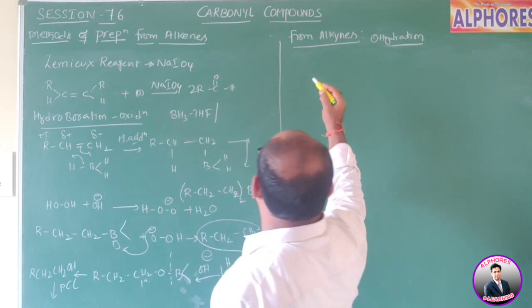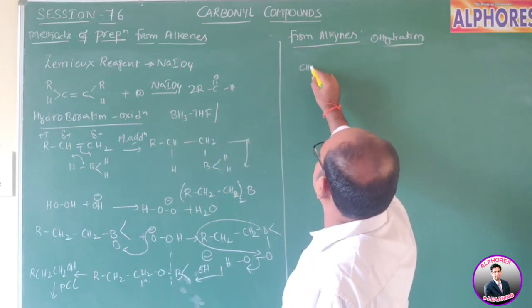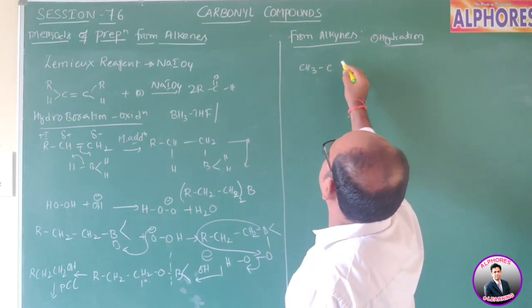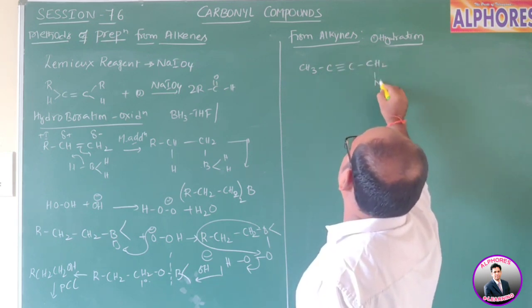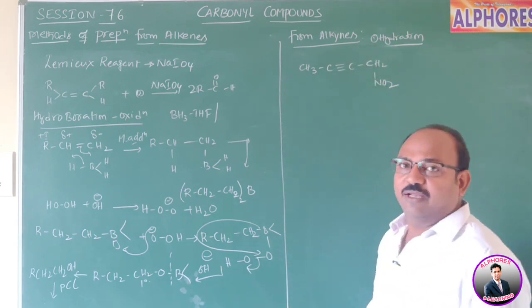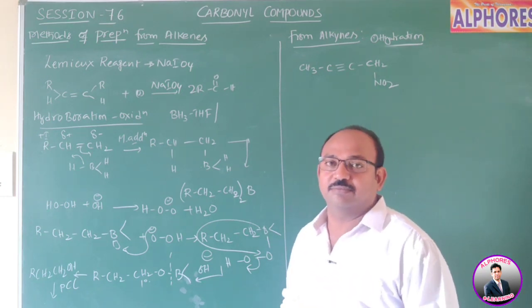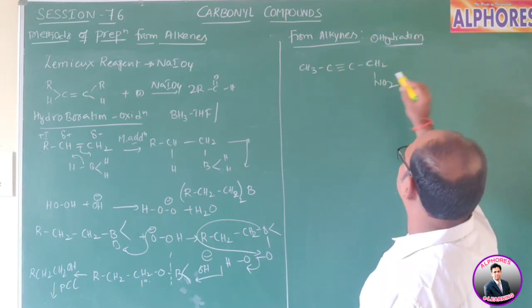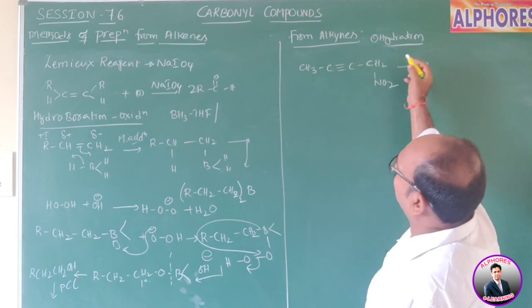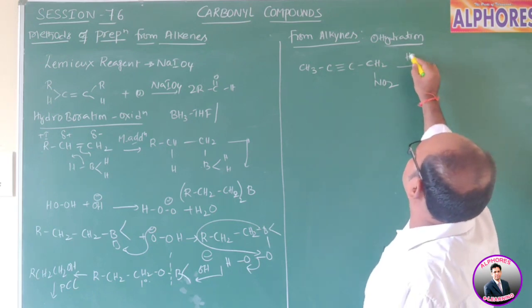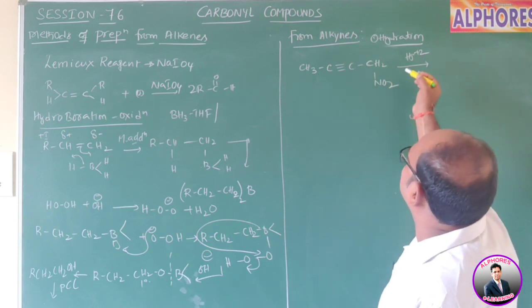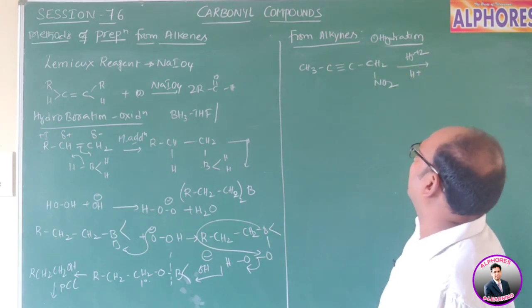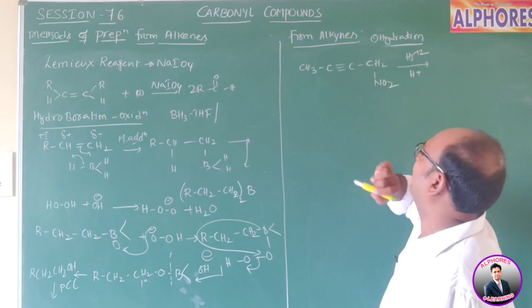I am going to consider one compound. See here, CH3-C≡C-CH2-NO2. This upon hydration, addition of water using Hg2+ and H+. Here, towards which carbon does the water molecule have to come and attach?